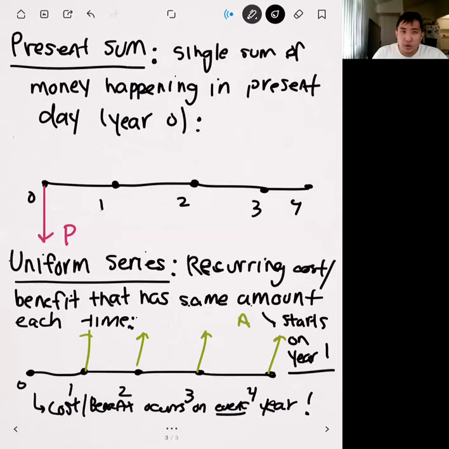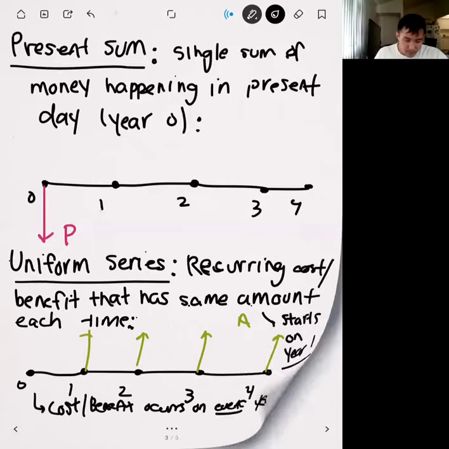By drawing the cash flow diagram, you can see which cash flows are standard, which are non-standard, and what you need to do to perform the conversions. So cash flow diagrams, cash flow diagrams, cash flow diagrams. That's the pro tip for this unit at least. So that's uniform series.